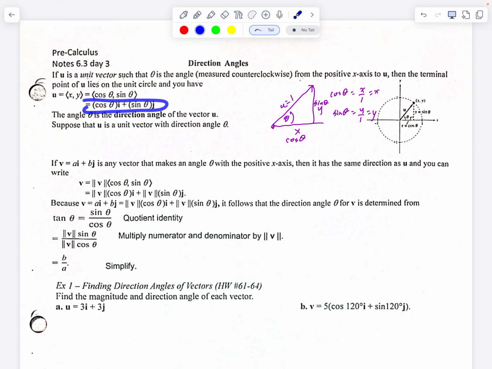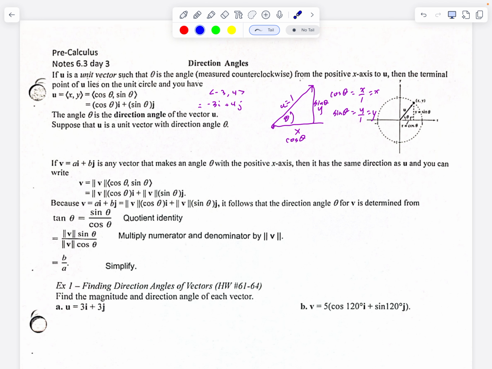The second is your linear combination. It's just a changeover. You've done this: if you have negative 3, 4, then we can write it negative 3i plus 4j. Just changing from component to linear combination. So anyways, this angle is the direction angle of vector u.